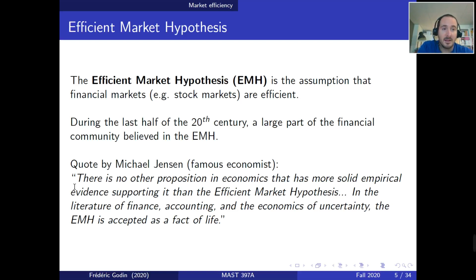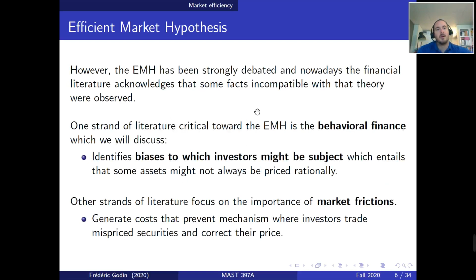The guy said that this is a fact of life. It cannot be questioned anymore. We've solved this problem by looking at the data, and the markets are efficient. So this was the prevalent opinion by then, during the last half of the 20th century.